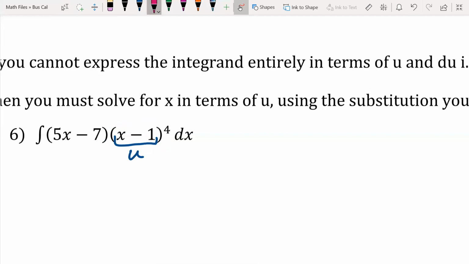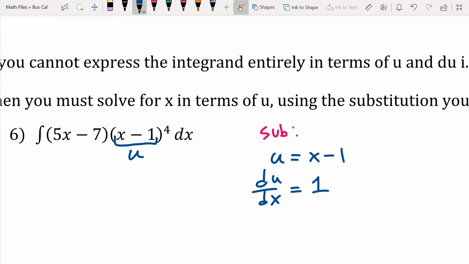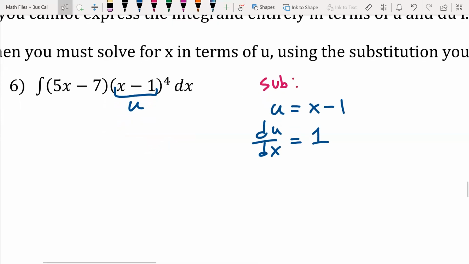So here we go for the sub. u equals x minus 1. du over dx is just going to be equal to 1. Multiply the dx to the right side, and du equals dx.